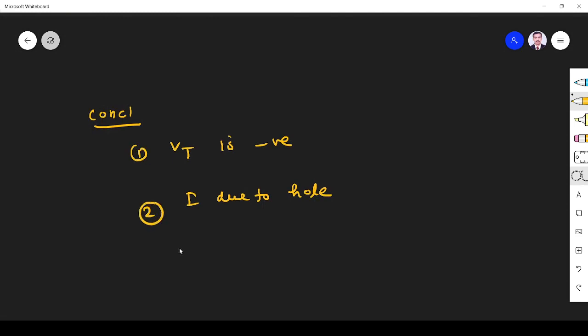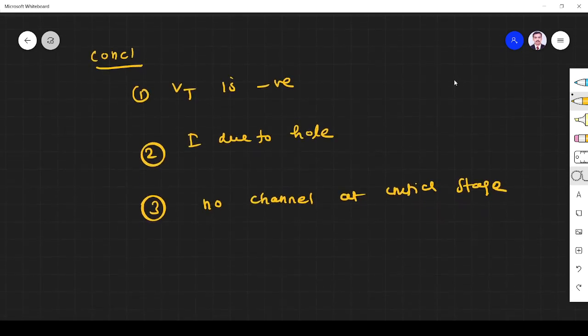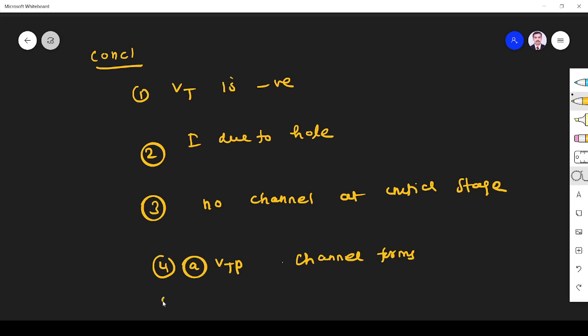In PMOS enhancement mode, there is no channel at the initial stage, right? So at VTP only the channel forms. Okay, so that is another point.